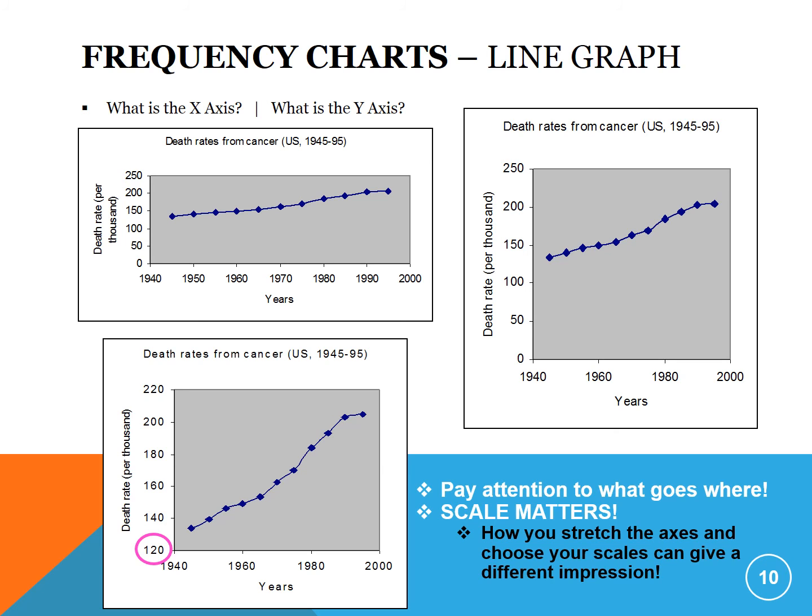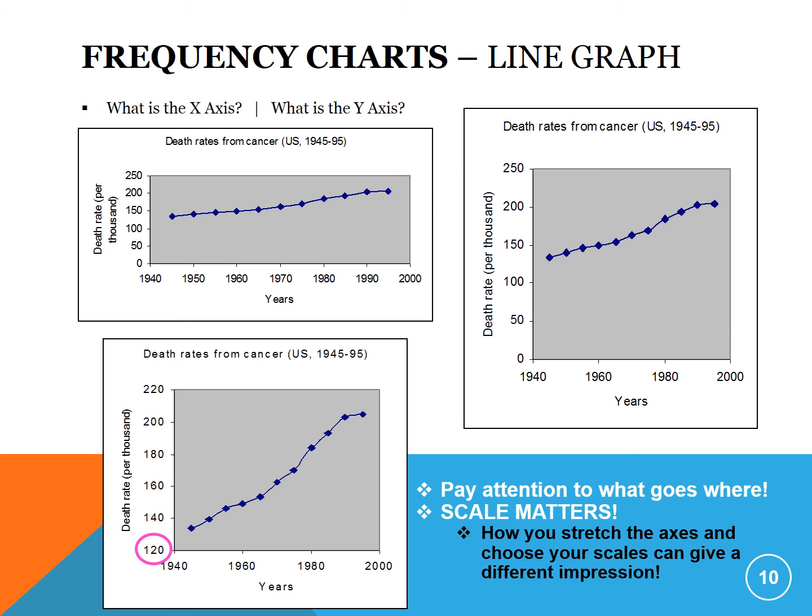So we can look at the first graph at the top left and say, cancer rates are not really increasing much. I mean, it's been doing the same thing since 1945, pretty much, right? That's what we might conclude by using the graph that someone scaled the way they did in the top left.